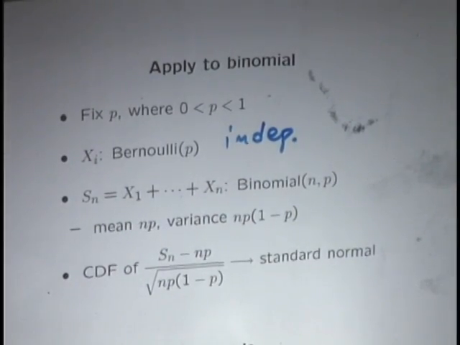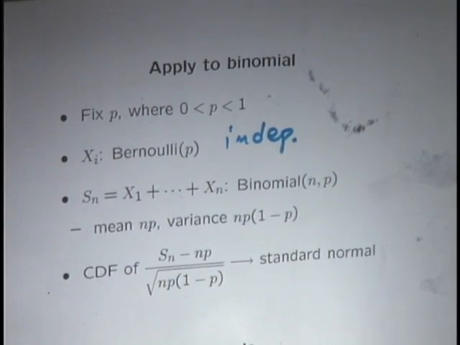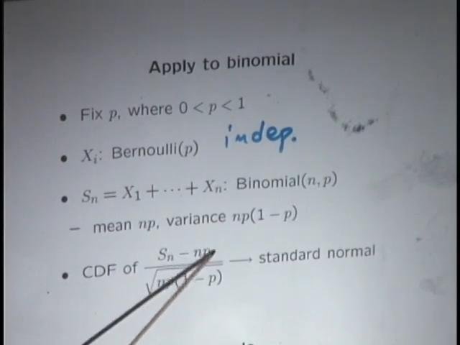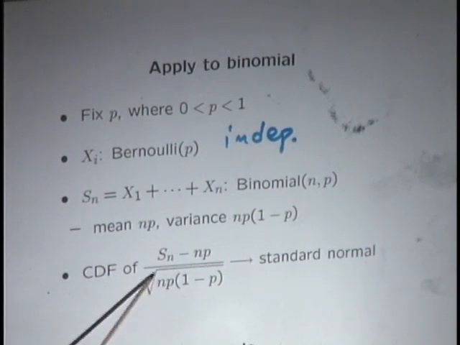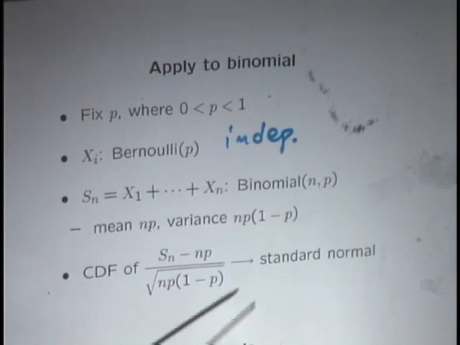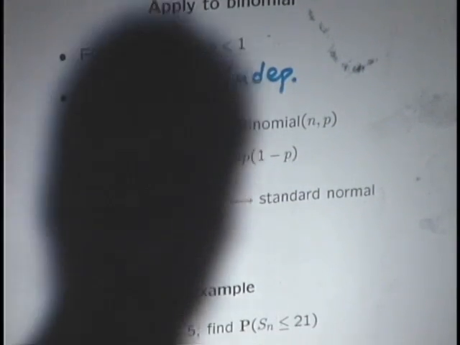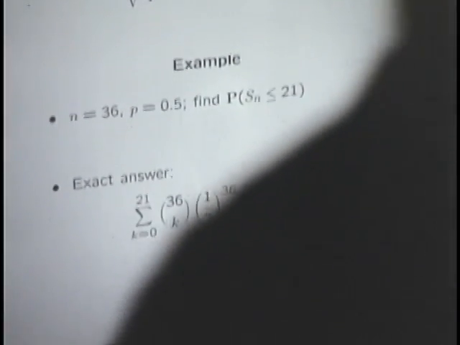When we add them, we get a random variable that has a binomial distribution. We know the mean and the variance of the binomial. So we take Sn, subtract the mean, and divide by the standard deviation. The central limit theorem tells us that the cumulative distribution function of this random variable is a standard normal in the limit.